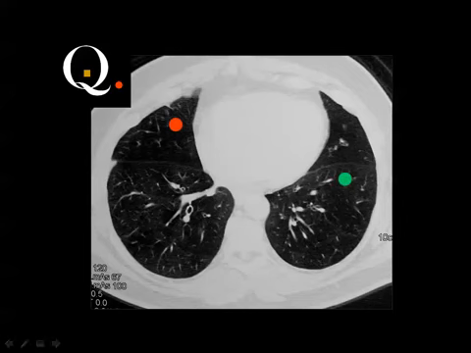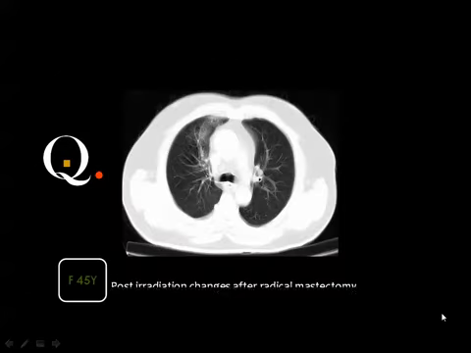And this area, this is the anterior segment of the left lower lobe. And this area is the superior segment of the lingula. And this area is the medial segment of the lower lobe on the right side. And this is the posterior segment of the right lower lobe. And this is the anterior segment of the right lower lobe. And this is the lateral segment of the right lower lobe.